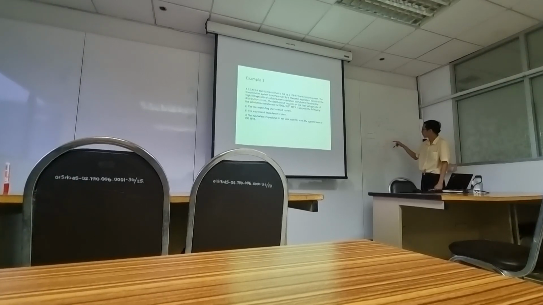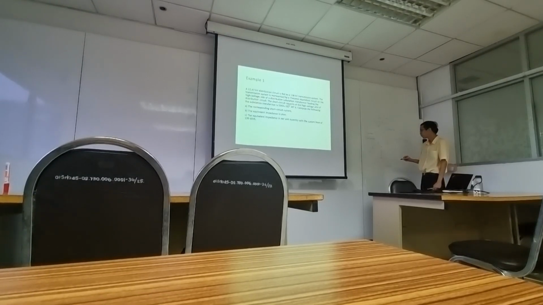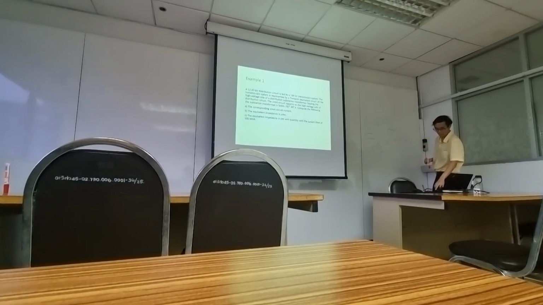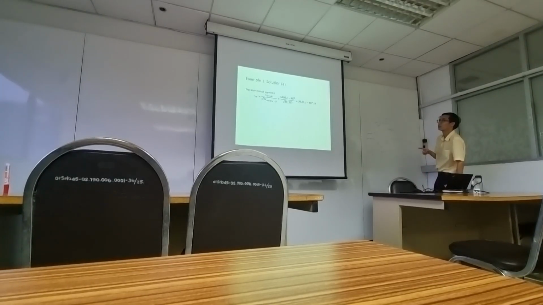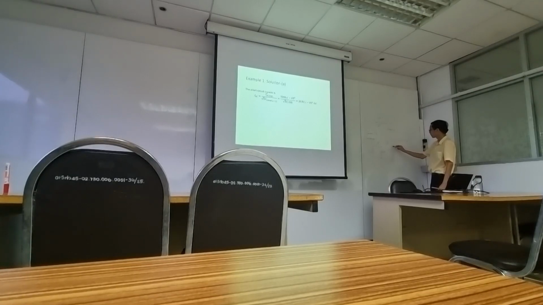When you want to calculate the short circuit capacity and short circuit current, there is a short circuit right here from this terminal to this terminal, and then this is the short circuit current, something like this.